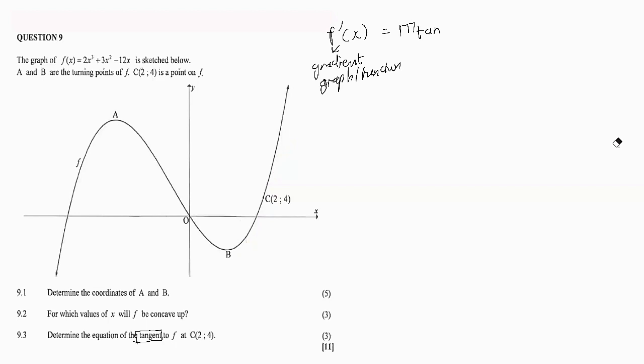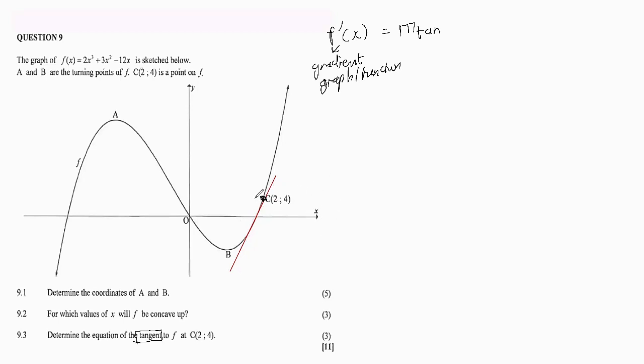I'm trying to make it a tangent. Seems like I'm failing to actually have a nice tangent there. Okay, let's say now we have our tangent touching the curve at that point there. And then this is what we're going to have.